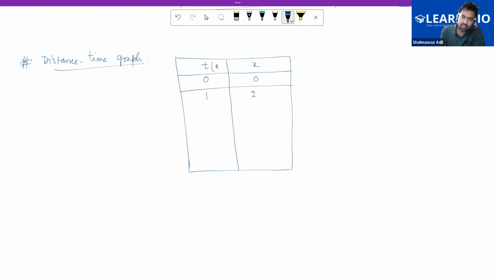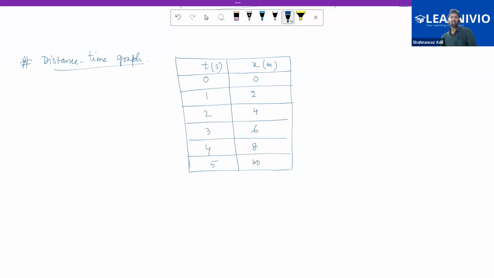So this is in seconds, this is in meters. In 2 seconds, this is 4 meters. This is 3, this is 6, this is 4, this is 8, this is 5, this is 10.